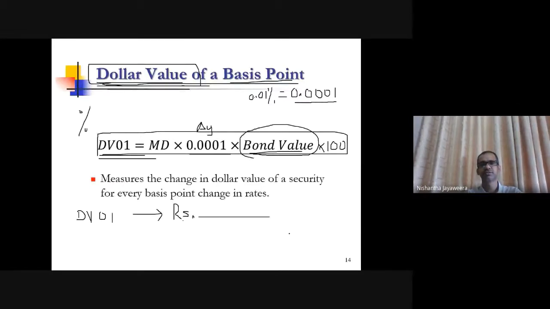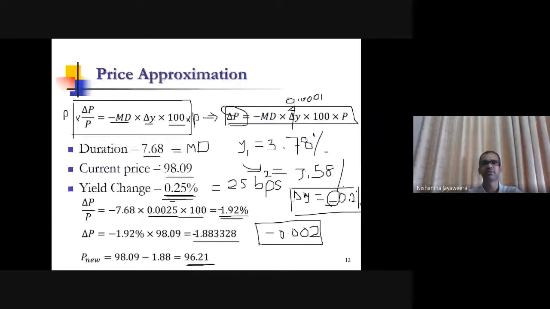If we use this same equation, same bond, what would be the dollar value of 1 basis point?